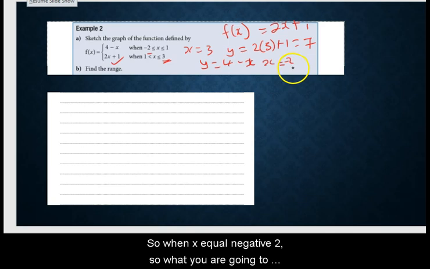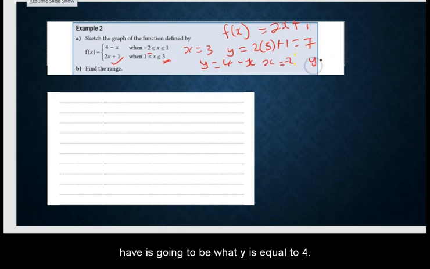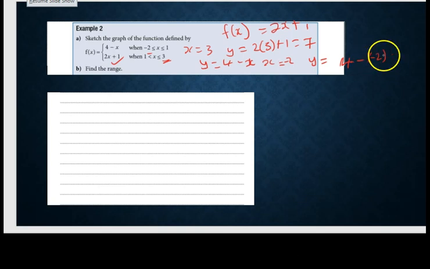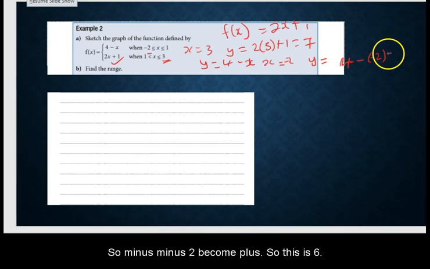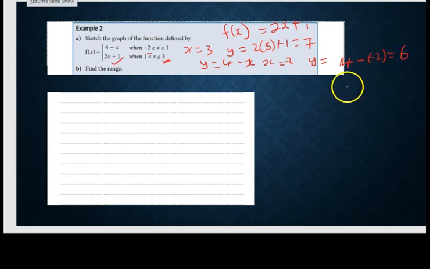So when x equal negative 2, what you are going to have is y is equal to 4 minus negative 2, right? So minus to become plus, so this is 6.